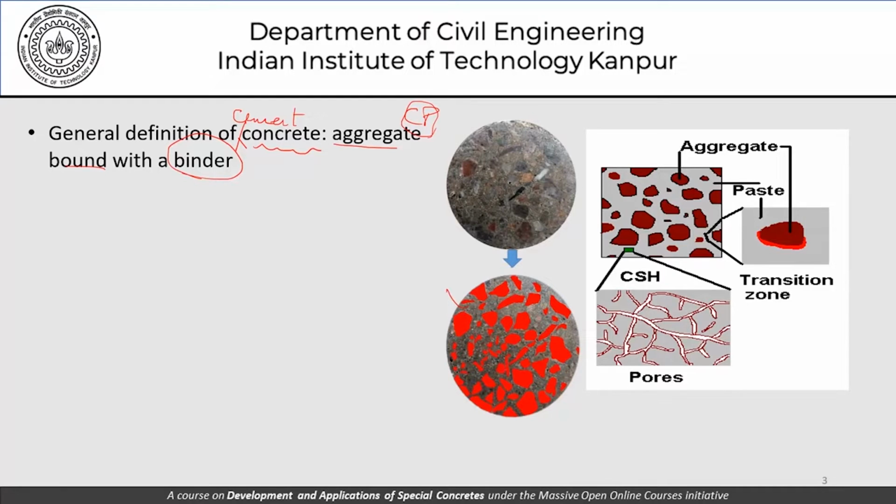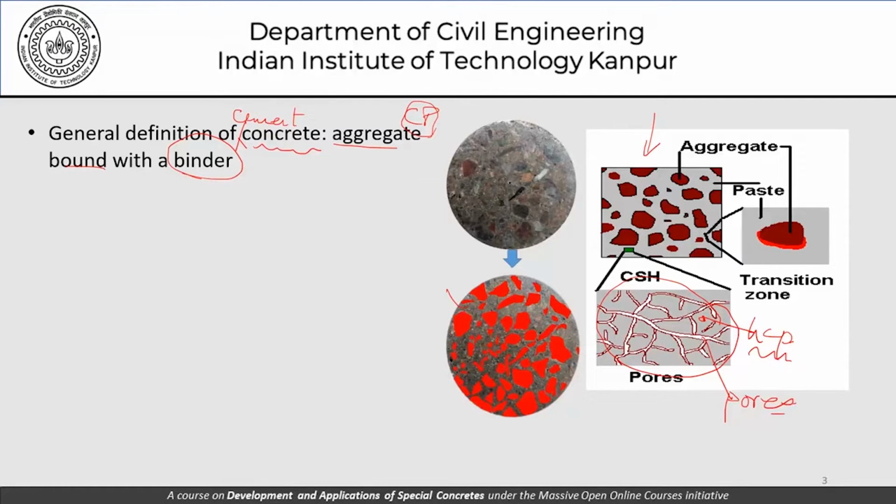Extended to this schematic sketch of the model, these aggregates are surrounded by cement paste having this kind of a pore structure, where this is the hardened cement paste or the hydration products of cement, and these are the pore spaces as we have seen multiple times before.